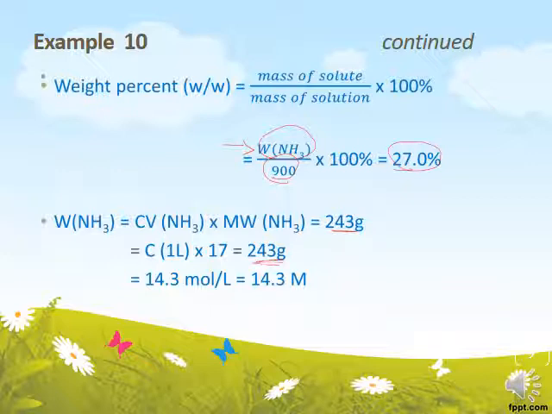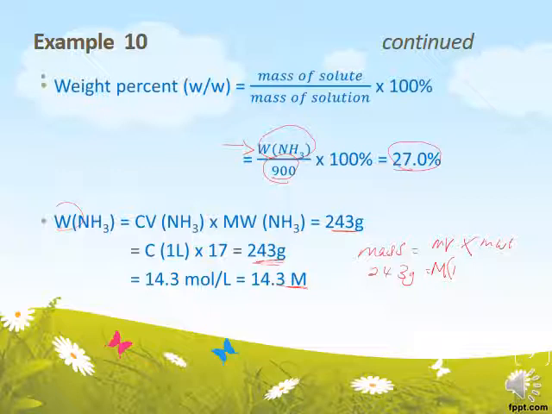So to find molarity here, go back to step 2 just now, which is mass, MV times molar mass. We have obtained this just now, which is 243 gram. This is the information we want to find out.